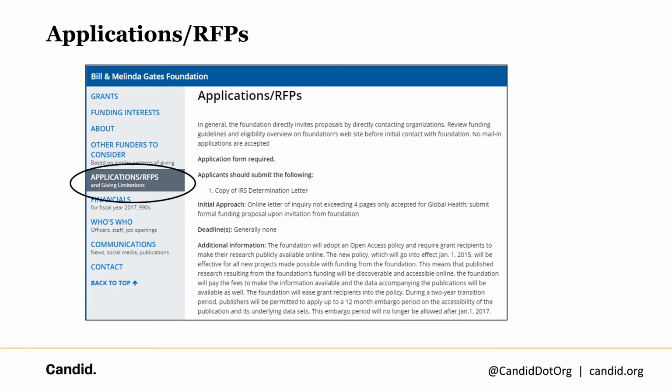Most foundations right now look at letters of inquiry first before asking you to send a full proposal. So you'll see there on initial approach for the Gates Foundation, it talks about an online letter of inquiry not exceeding a certain length and what the other guidelines are on that initial approach. It'll also talk about the deadlines and additional information.